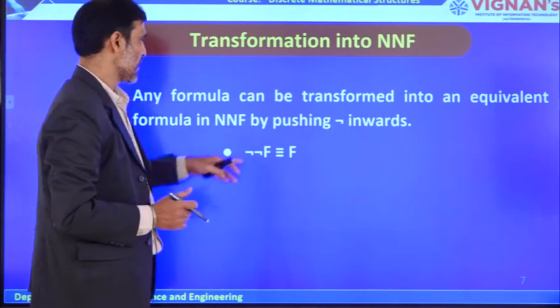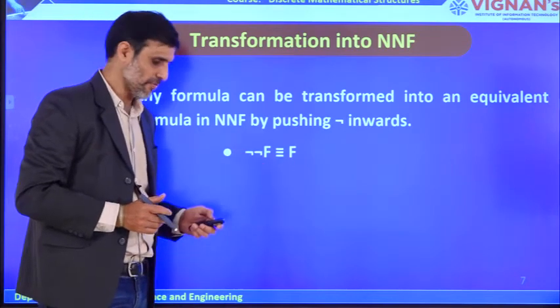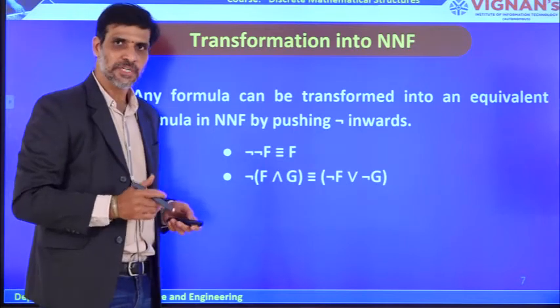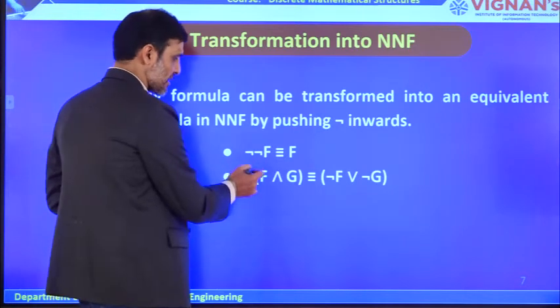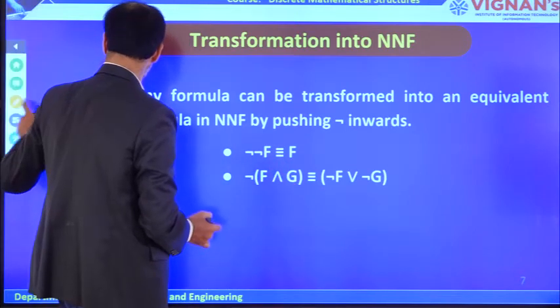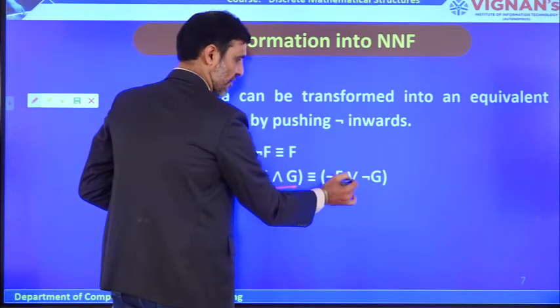Negation of negation of F is equivalent to F, this we know very well. And by De Morgan's laws we discussed already, if a negation appears in front of a compound proposition like ¬(F ∧ G), then we can write ¬F ∨ ¬G.